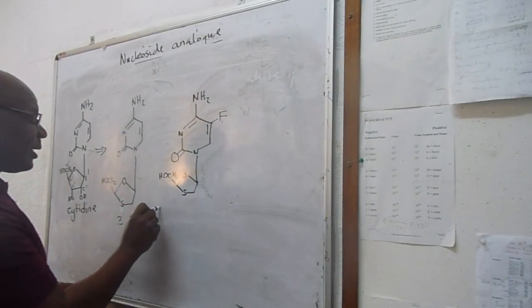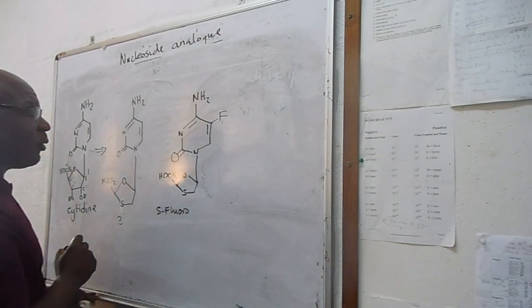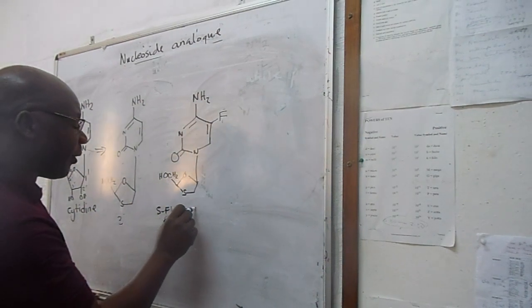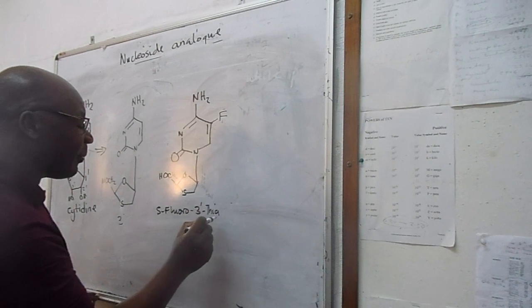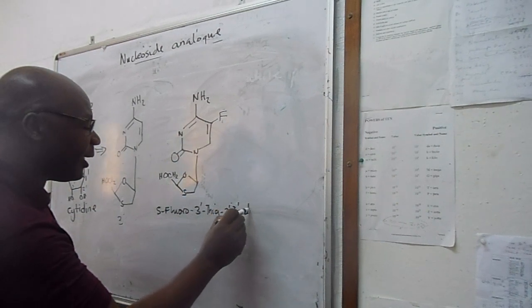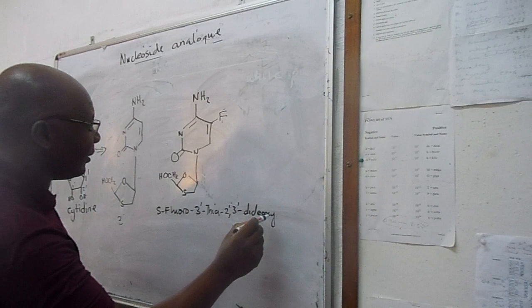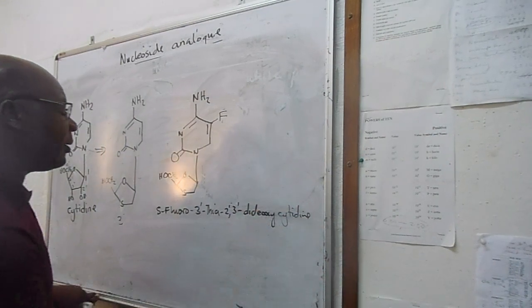So we can say this is 5-fluoro, then 3' thia, then 2',3' dideoxy cytidine. Dideoxy cytidine.